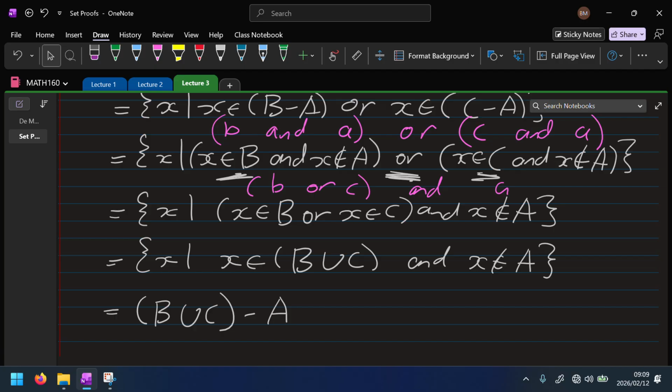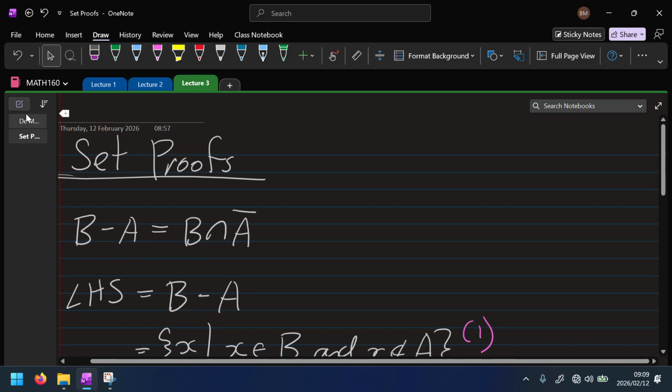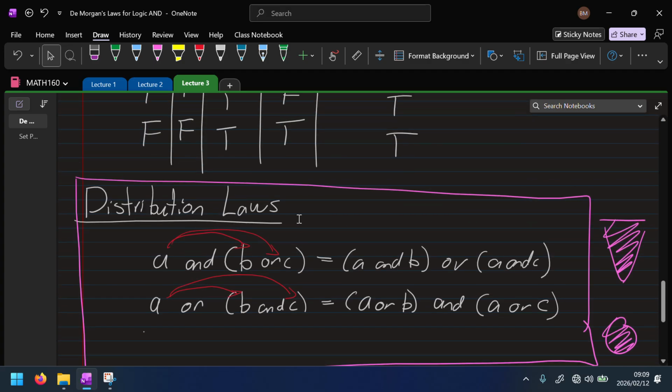Yep. Please explain from the third last line where you wrote B, C, and A, the distribution. Oh, from the distribution. Sure. So we are using this distribution here. We started with this. The x not element of A was repeated twice. So just have a look at that line. You have x not element of A and x element of B, right? That was the one term. Or x not element of A and x element of C, right?